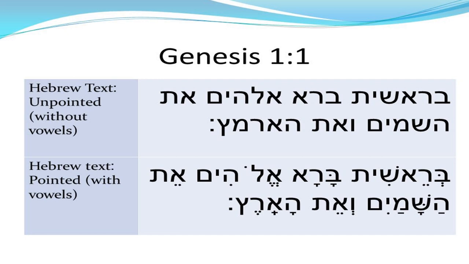My Hebrew is very rusty as far as being able to pronounce it, but we've got Barashit, Bara, Elohim, et Hashamim, et Haaretz. And so, without the vowels, for me especially, it would be very difficult to try to pronounce that.